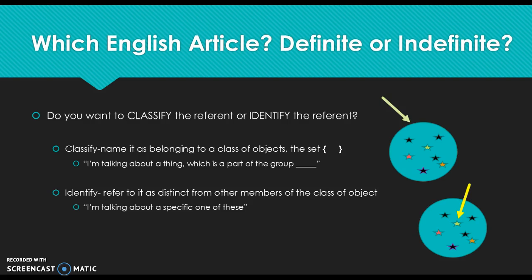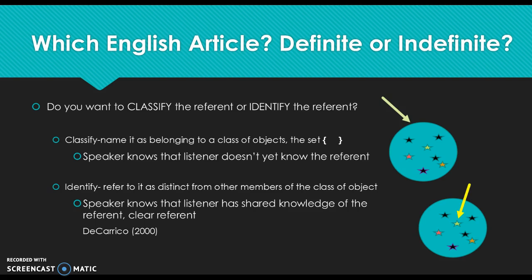If I said to you, I bought a book, you would know that I bought one of the set of all the books in the world, but you wouldn't know which one inside that set. But if I said, hey, I bought the book, I am referring to a very specific one that you and I must have talked about or we discussed previously.